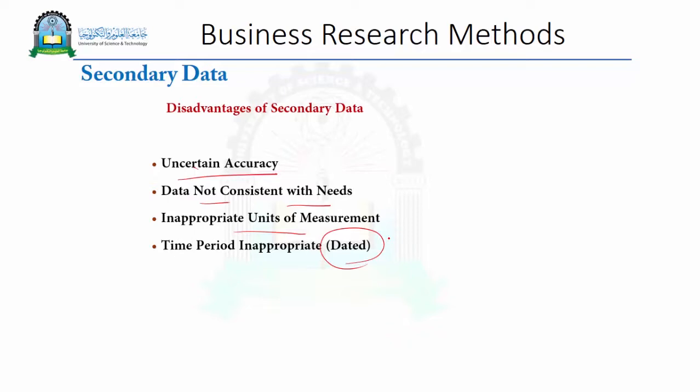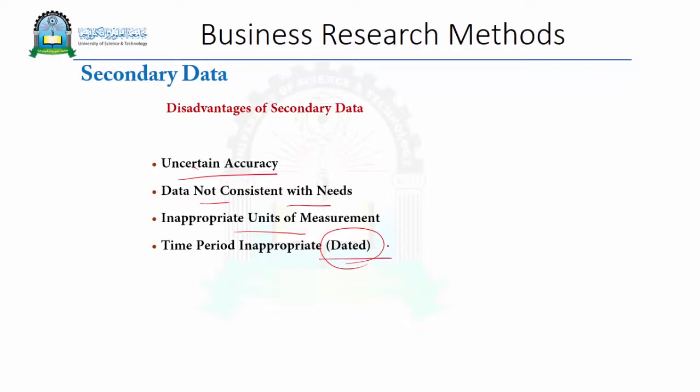a lot of problems, economic problems, happened in the world or in the country, which is going to be different from year to year, but the latest data is for the last 5 years. It is still 2 years effective, but it is 3 years old, so in this case it is going to be dated.